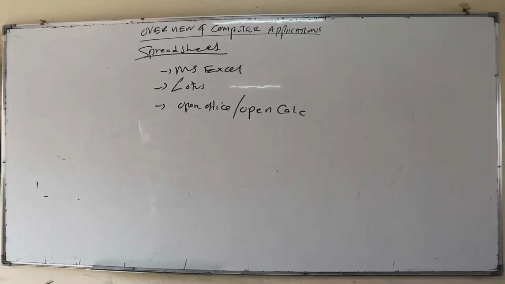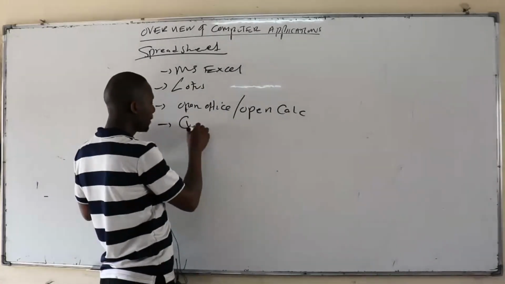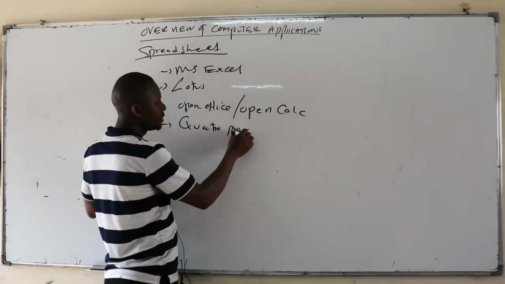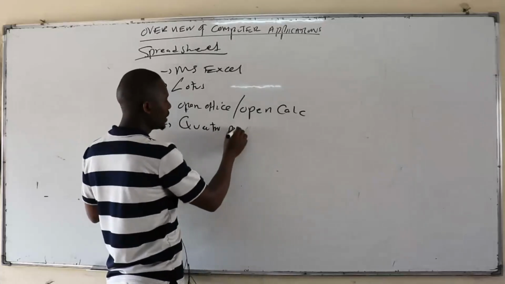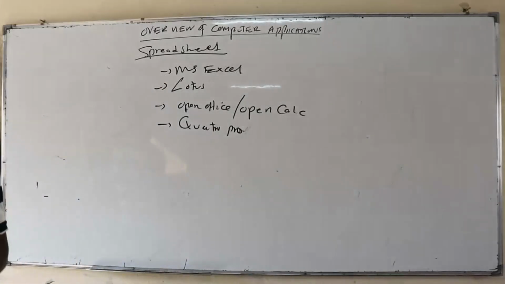And we have Quattro Pro. These normally used to come with the Linux operating system, so nowadays they are not so common. But those are some of the programs we use as spreadsheets.